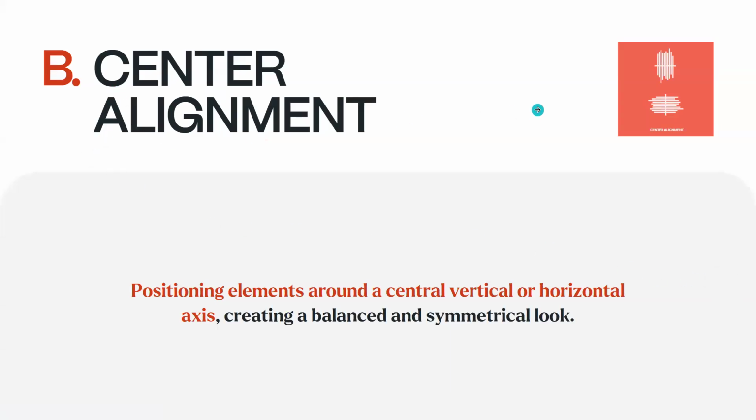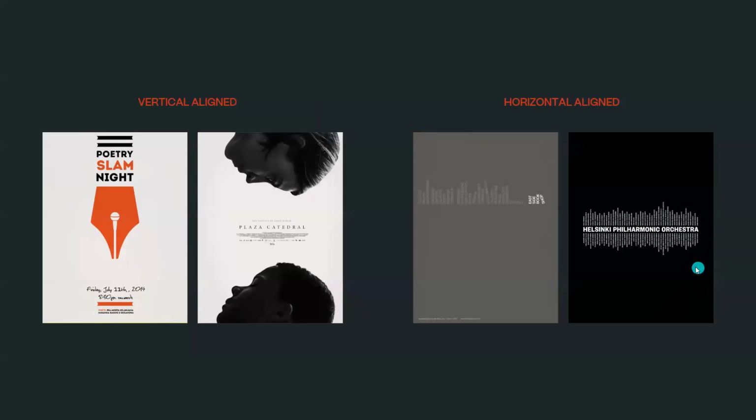Second one is center alignment. So it is creating horizontal or vertical center alignment. Let's discuss vertical alignment. If you look at the whole poster, the whole thing is aligned in a vertical line. If you draw a single vertical line here, it will be aligned in a single line.